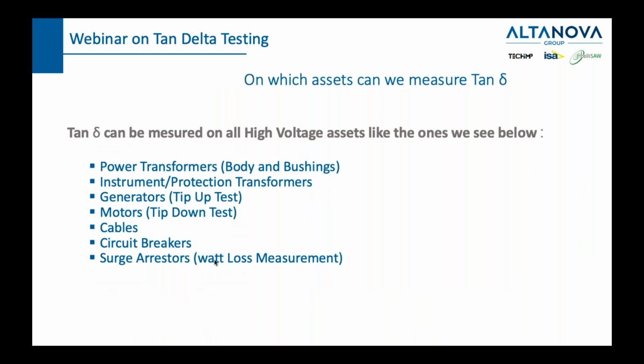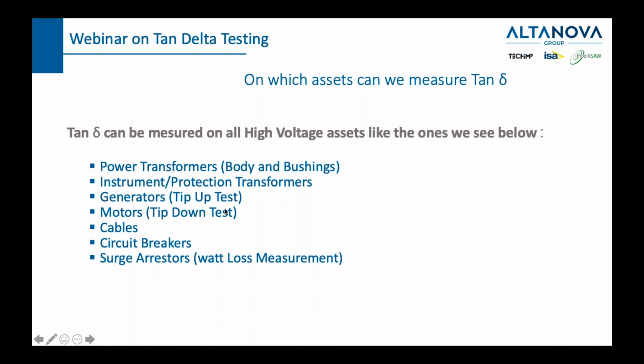And let us repeat once again on which assets we can test tan delta. First of all, we can test it on a power transformer, on the body of the transformer, and on the bushings of the transformer. We can test it on instrument transformers, like protection and measurement transformers. On generators and motors, we do a tip up and a tip down test.